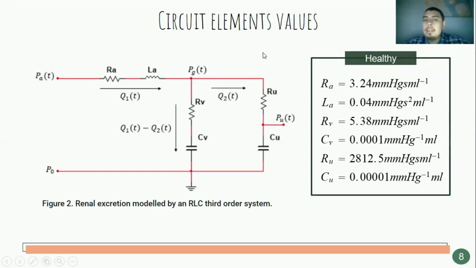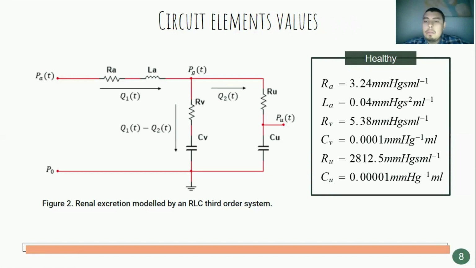In a healthy state of the physiological system, we must have an approximate range of values of an arterial resistance of 3.24 millimeters of mercury second per milliliter.